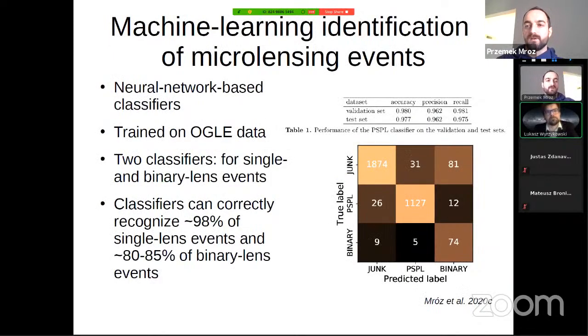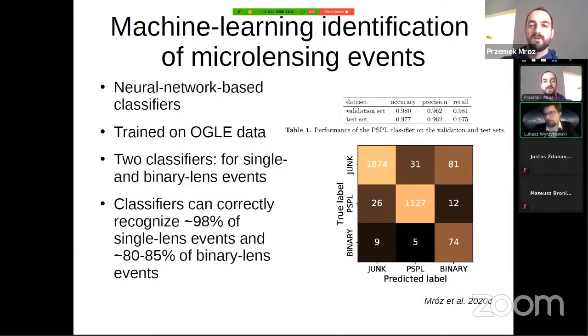Of course, the former task, finding microlensing events in the archival data, is much easier because the information in the light curves is much larger than for the alert photometry. And currently, I'm using a machine learning-based approach to detect microlensing events in the archival ZTF data. I'm using neural network-based classifiers.